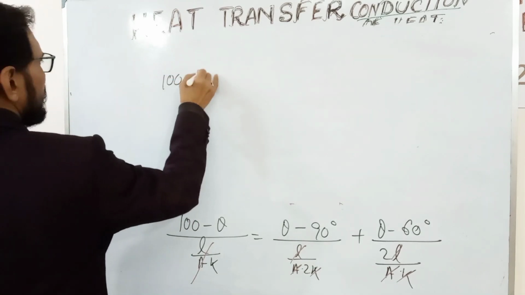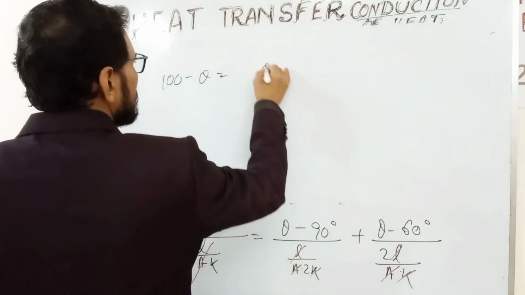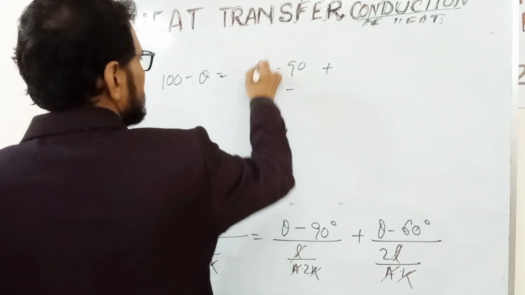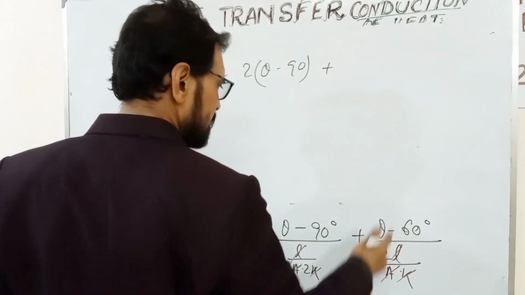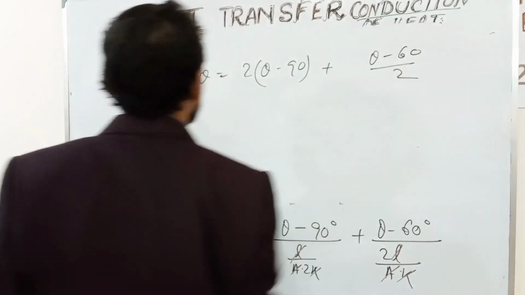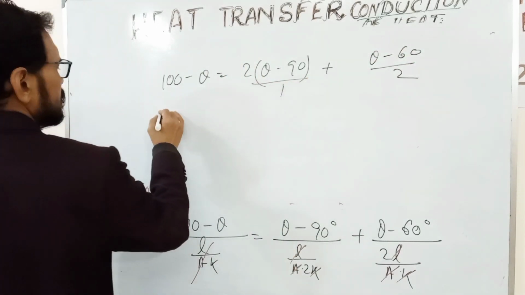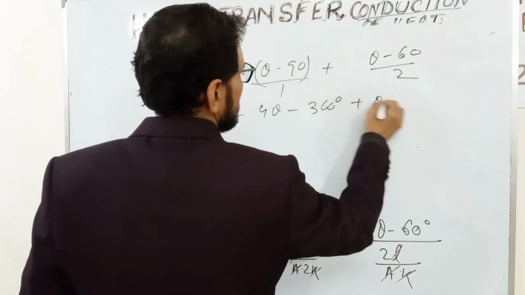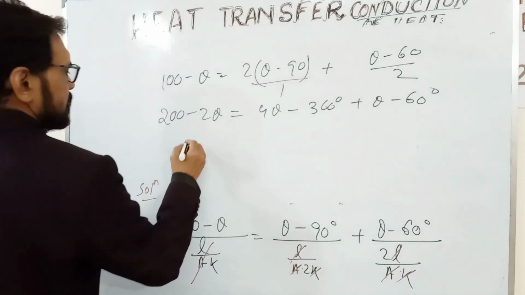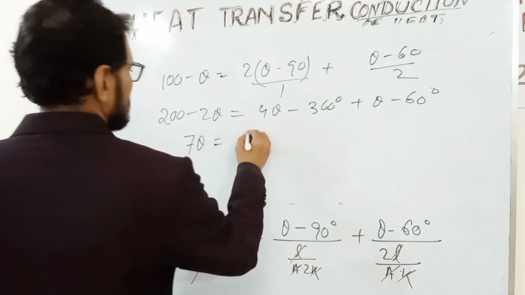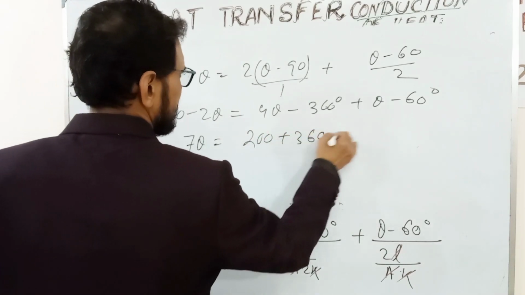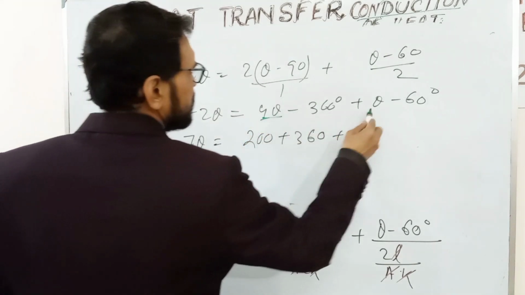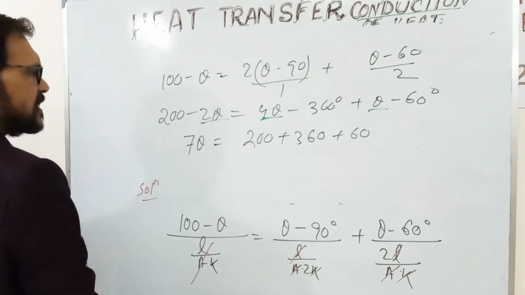So 100 minus theta equal to theta minus 90 by 2 plus theta minus 60 by 2. So from this we get 4 theta and 2 theta, 5 plus 7 theta equal to this.